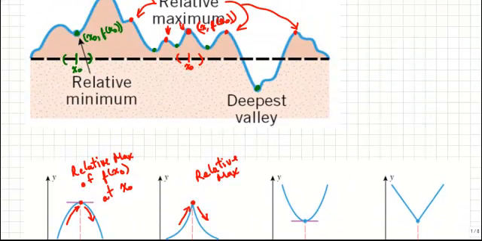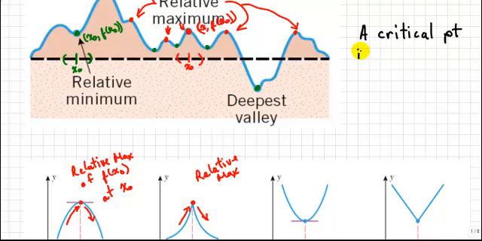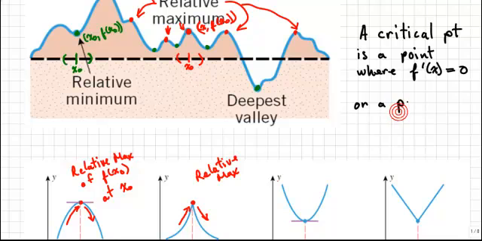So a critical point is a point where f prime of x is equal to 0, or a point of non-differentiability.